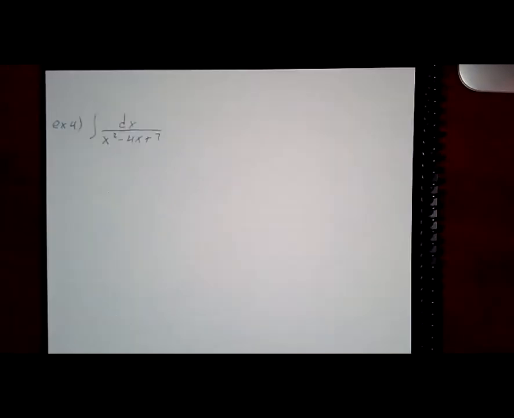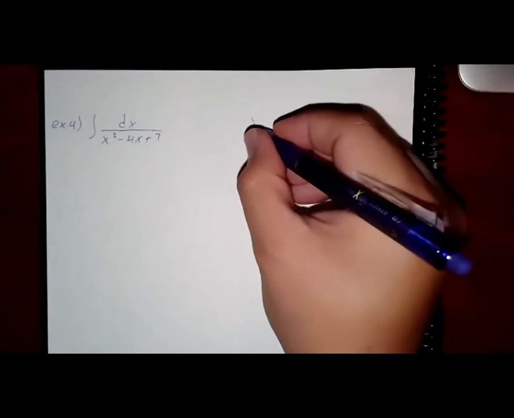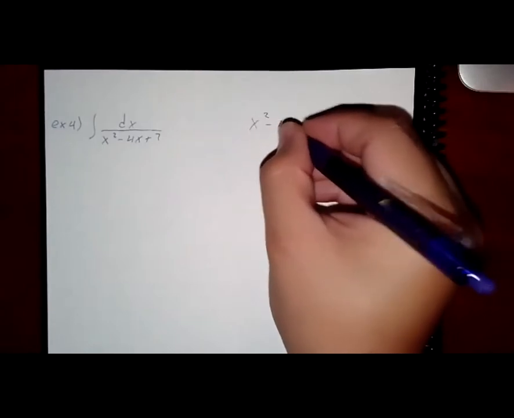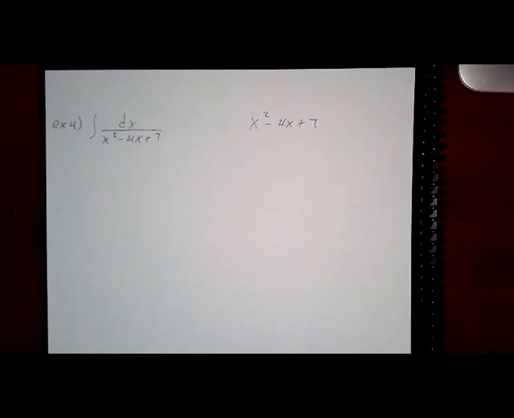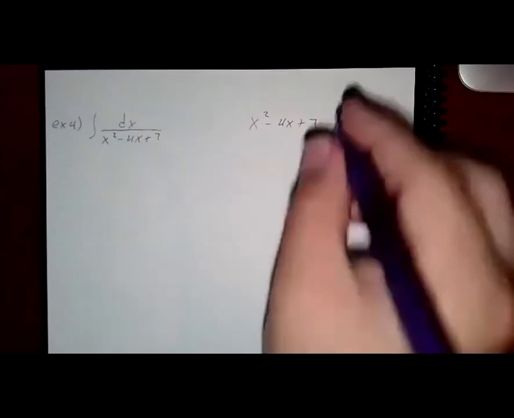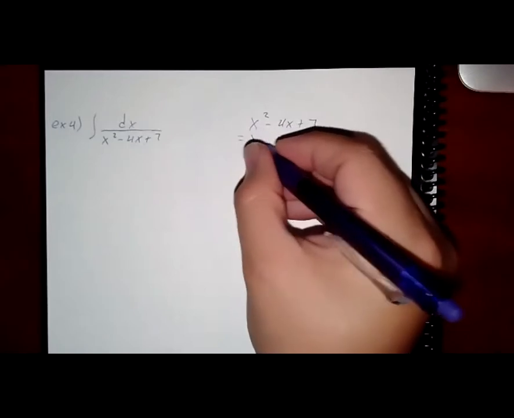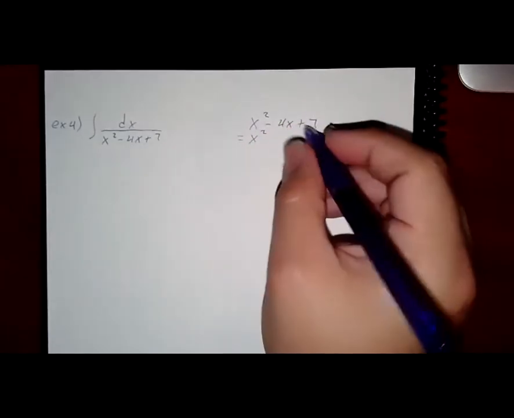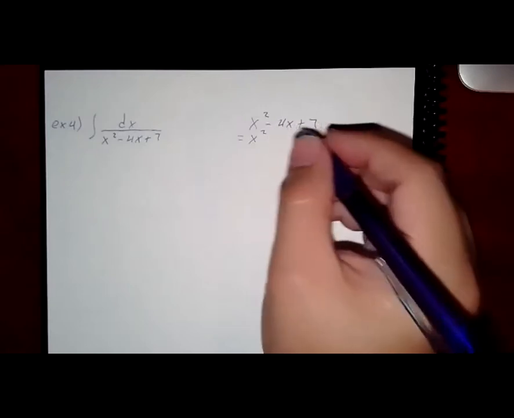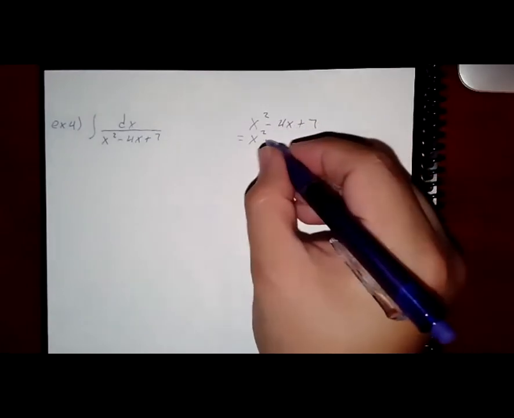Do you guys remember how to complete the square? A square minus b square, something like that. So we take this guy here, and we try to make it into a perfect square. So in order to do so, you look at the middle term, which is 4, take half of it and square it and add it to this guy.